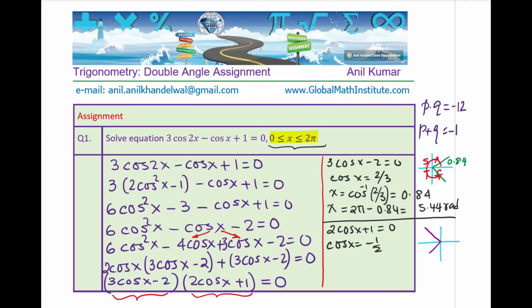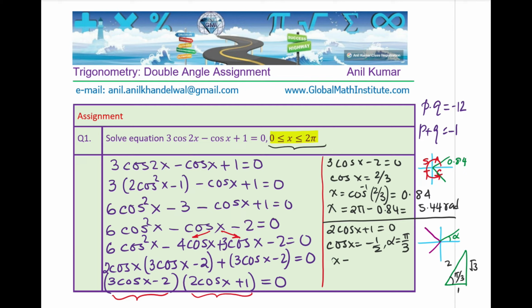So we can find the related acute angle alpha in quadrant 1. For half, we can also use the special triangle, which is pi by 3, right? For pi by 3, we know the cos value is half. So we get alpha equals pi by 3.